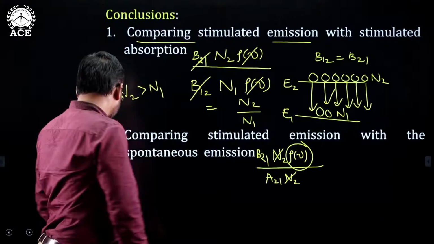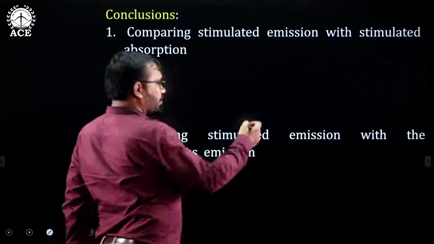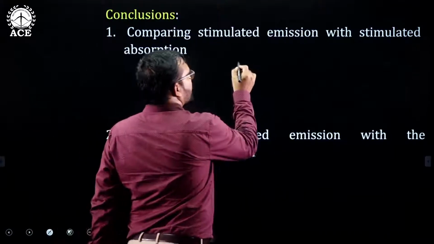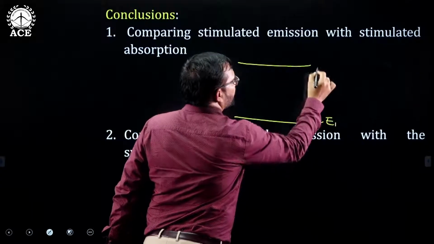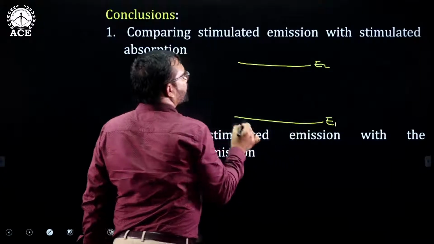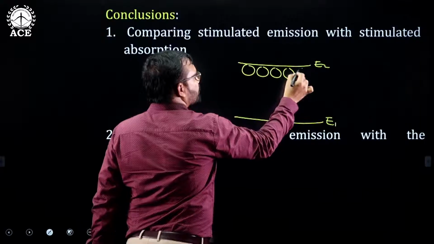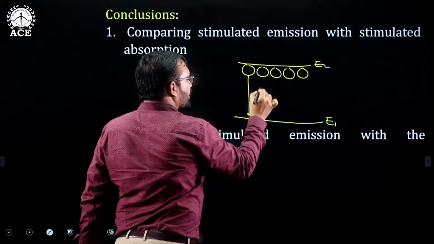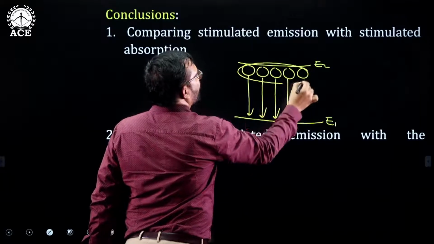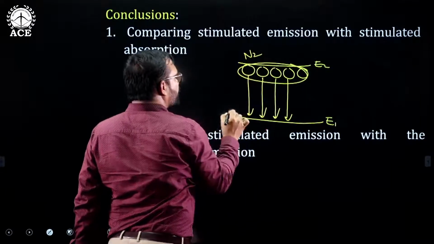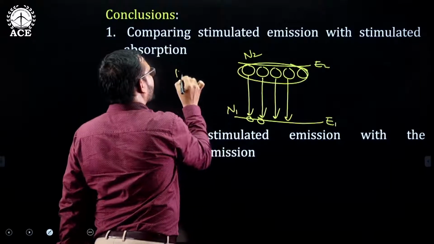So see here. From both the cases, what did you understand? There are two levels, E1 and E2. To have more downward stimulated transition, what do you require? More number of atoms: N2 should be greater than N1.